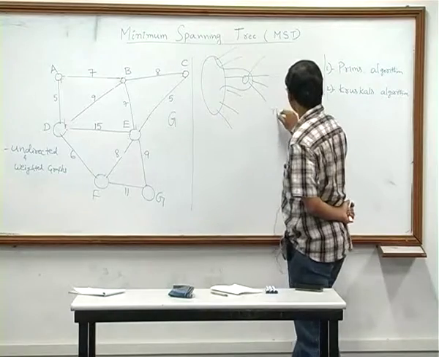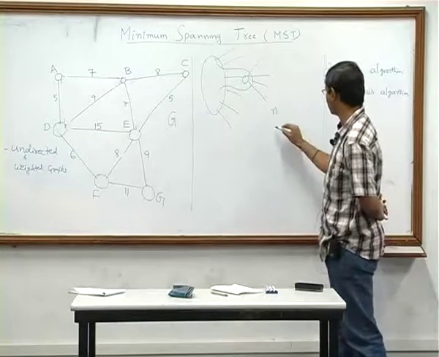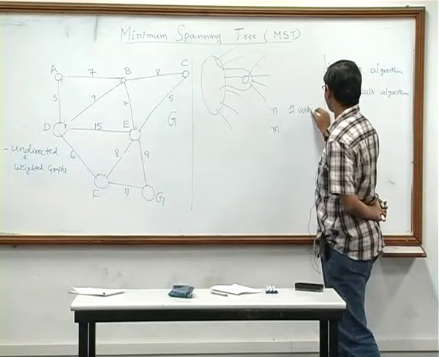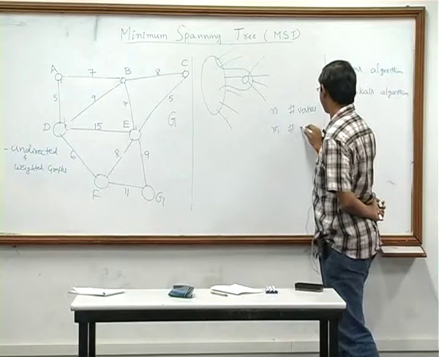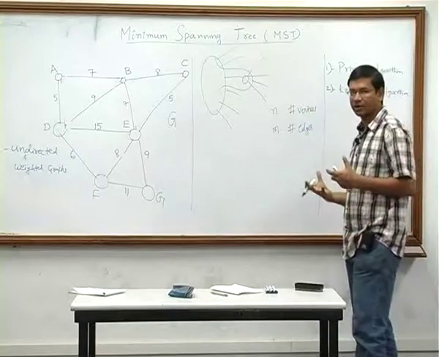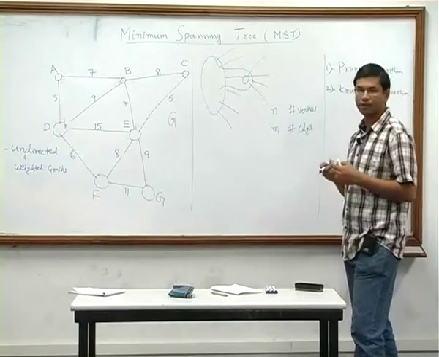Following the usual notation, n denotes the number of vertices and m denotes the number of edges. So we maintain a set of edges, and we need to pick the one with the minimum weight.